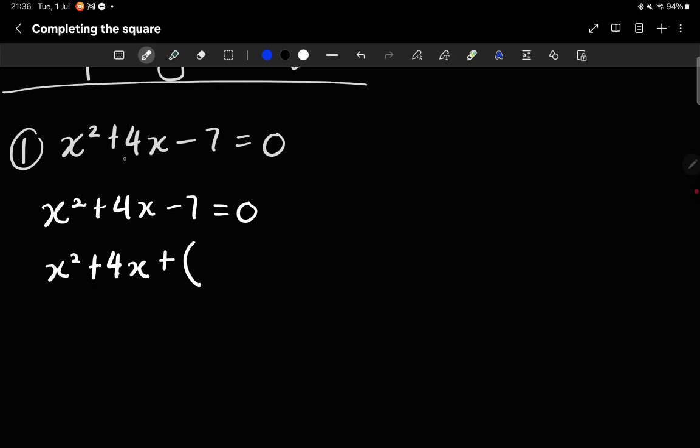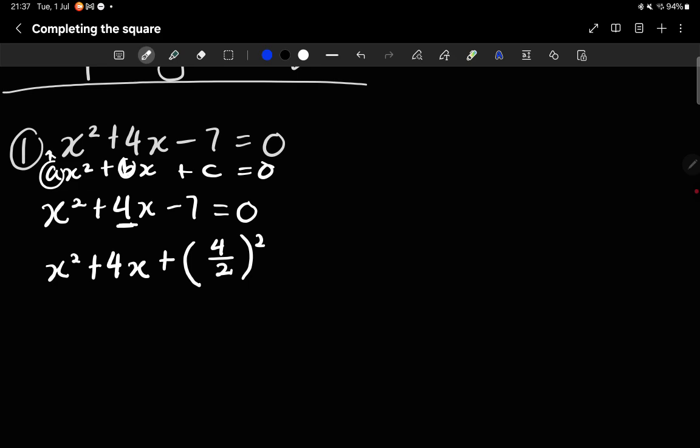Okay, so in our equation our b will be the 4, right? Because if you write this down, it's going to be ax squared plus bx plus c, and our a is 1, our b is 4, and our c is -7. So our b in this case will be 4. So write down the b over 2 and squared.